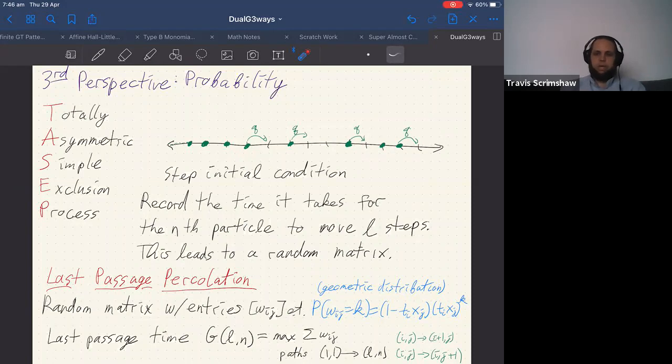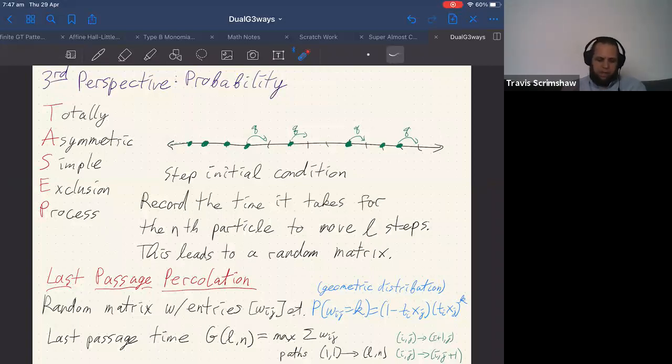This is a discrete version of this stochastic process. And what we want to do now is record the time it takes for the nth particle counted from the right from the step initial condition to move L steps. And we can reformulate this as a random matrix problem.